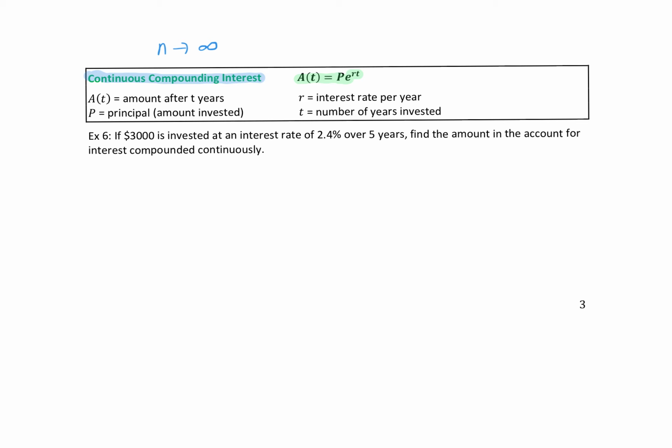Our amount after 5 years, so all the values are the same, except for now, I'm going to take 3,000 times E in your calculator to the 0.024 times 5. I'm going to go ahead and write that as E to the 0.12.